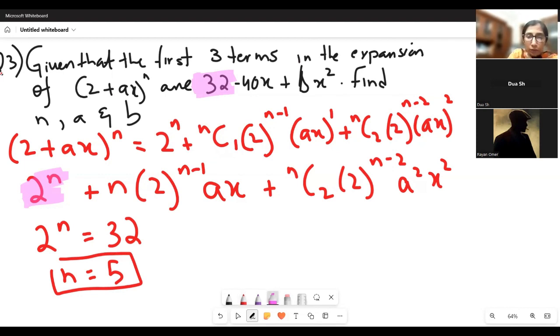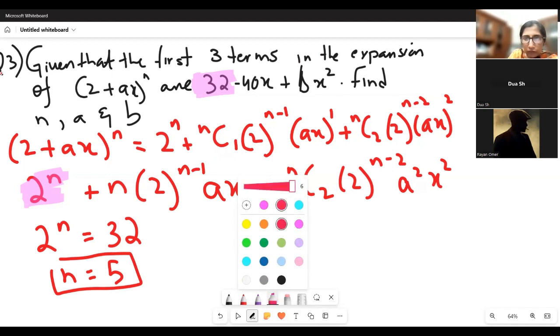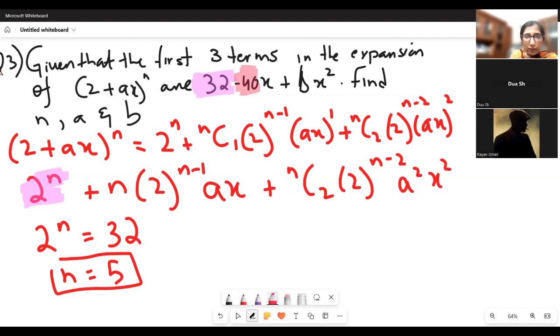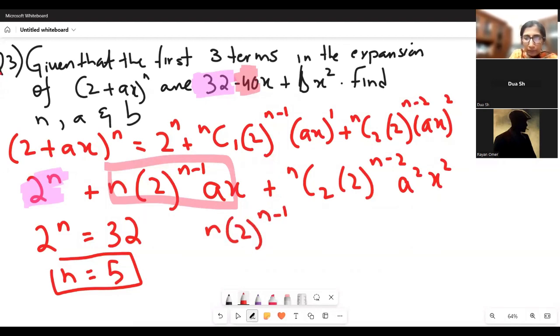Okay. Now, what we'll do is that we will equate minus 40 with our coefficient of x. So our coefficient of x is all of this. So n times 2 power n minus 1 times a equals minus 40.